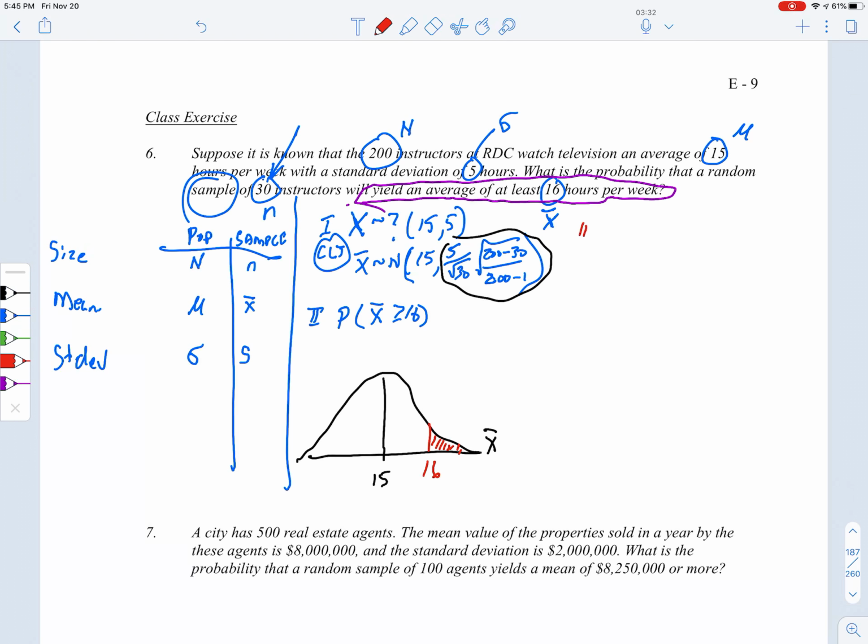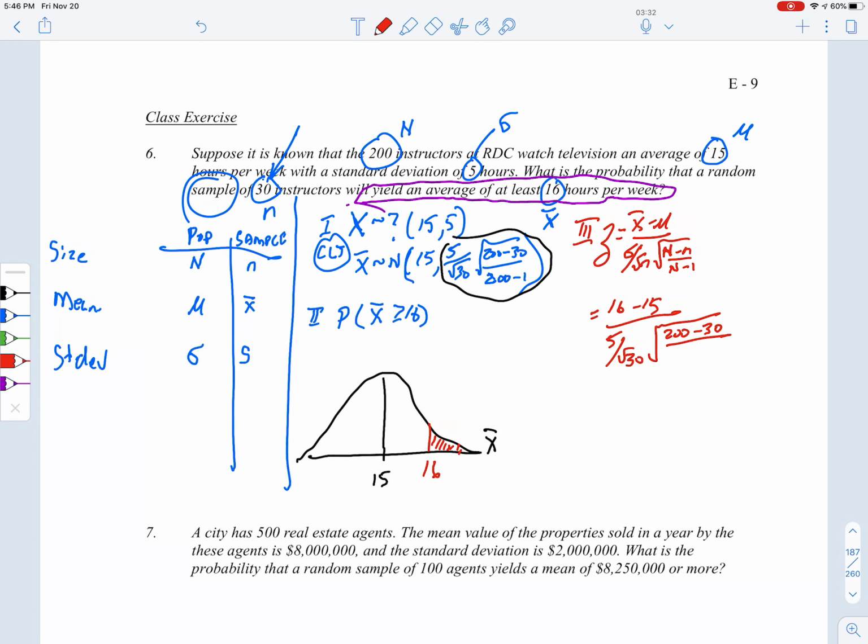All right, let's standardize. Step number 3. Z is equal to x bar minus mu over sigma divided by the square root of n times the FPC factor. By the way, it doesn't get any worse than this. This is about as complex as the formulas get. That's going to be 16 minus 15 over 5 divided by the square root of 30, and then the square root of big N, 200 minus 30.